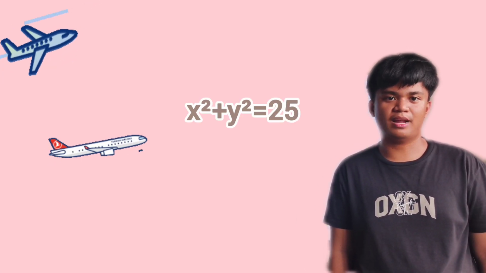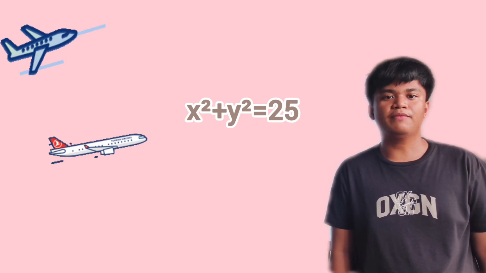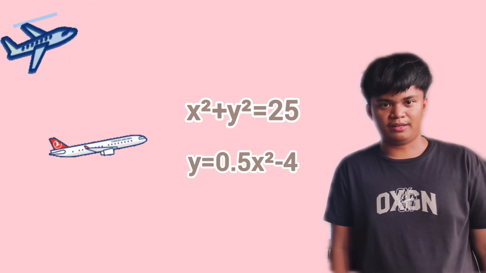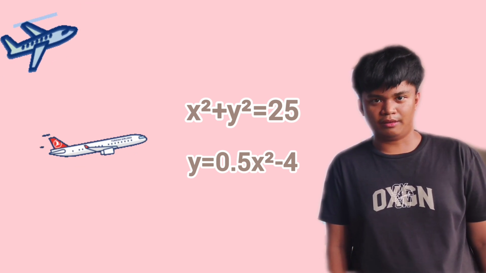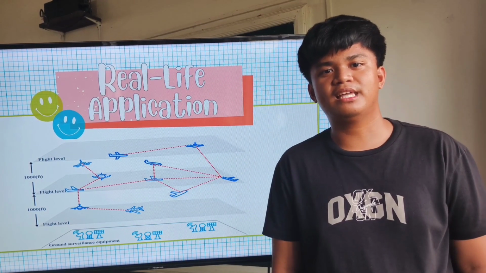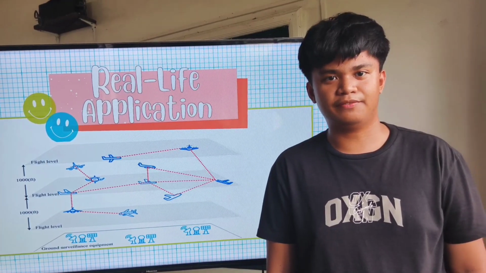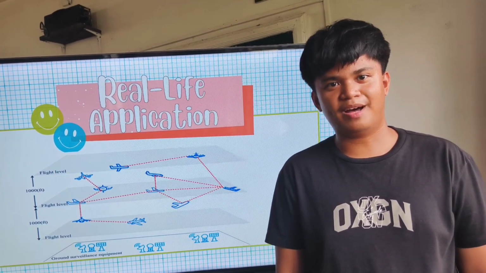Air traffic controllers use these equations to predict potential collisions. By solving nonlinear equations, they can determine the points where the paths intersect. For example, if one aircraft is following a path described by x squared plus y squared equals 25 and another by y equals 0.5x squared minus 4, solving this system will tell controllers if and where the paths cross.